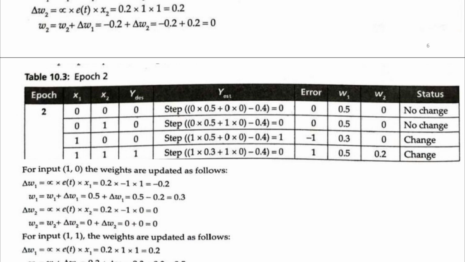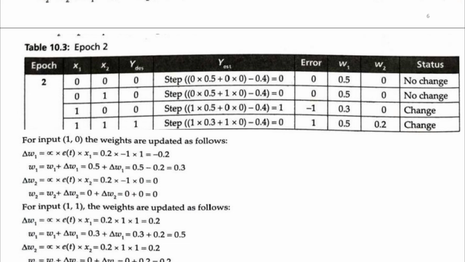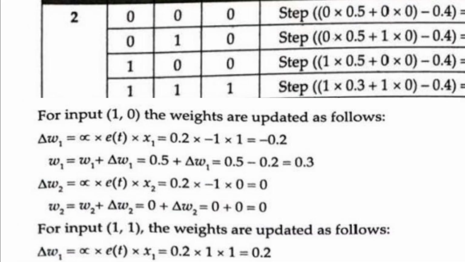There is a change. Delta W is computed as alpha into E of t into x1. 0.2 into minus 1 into 1, that is minus 0.2. Add that to W. 0.5 plus delta W1 equal to 0.3.